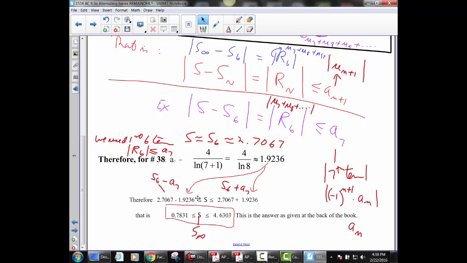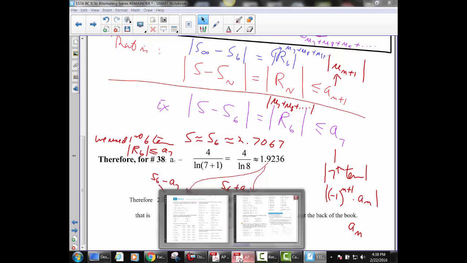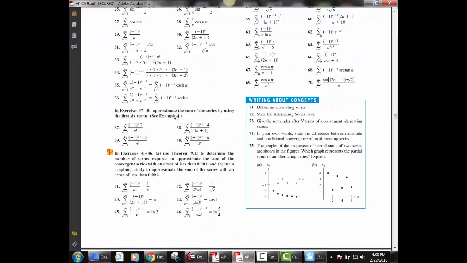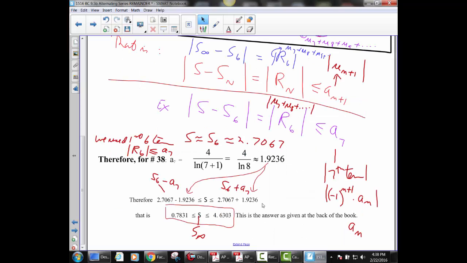Okay, so if we do look at the book, it doesn't really tell you that's how they want the answer. All it says is approximate the sum of the series by using the first 6 terms. And here's the question we were looking at right here. So this whole thing is our UN. If we ignore the -1 to the n part, the rest of it, the 4 over the ln of n plus 1, is actually our AN.